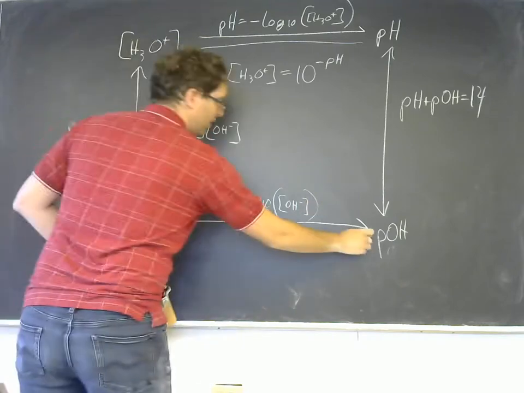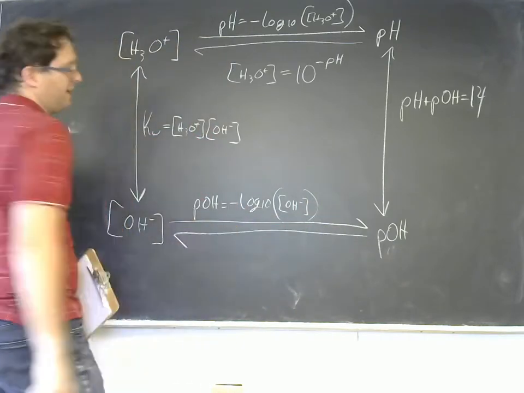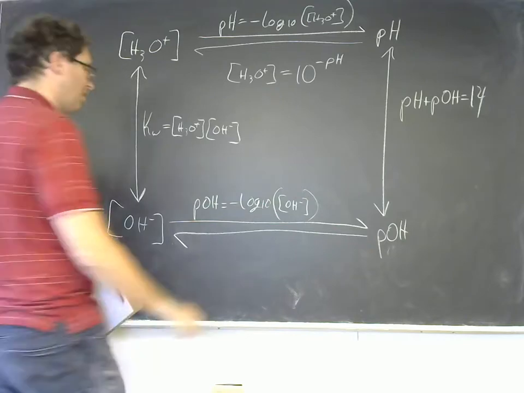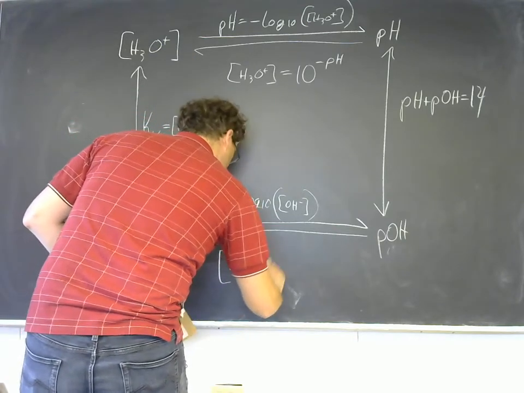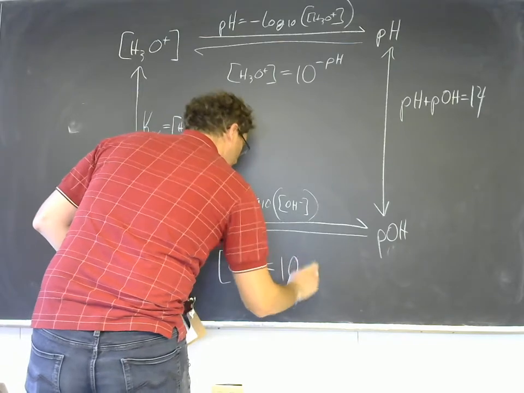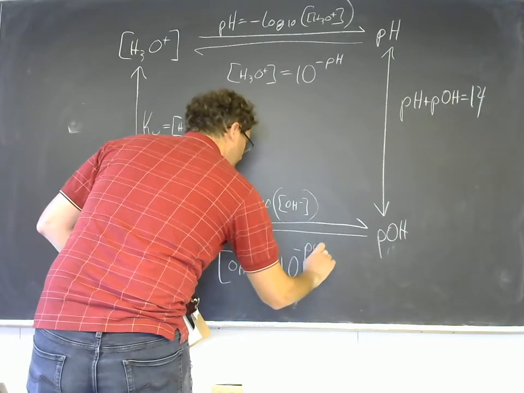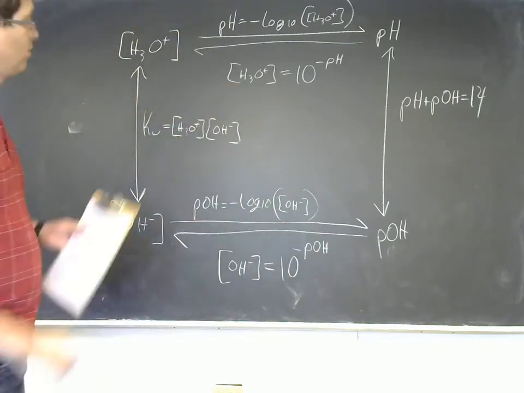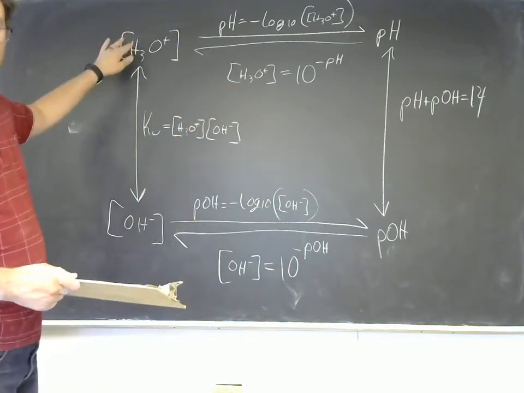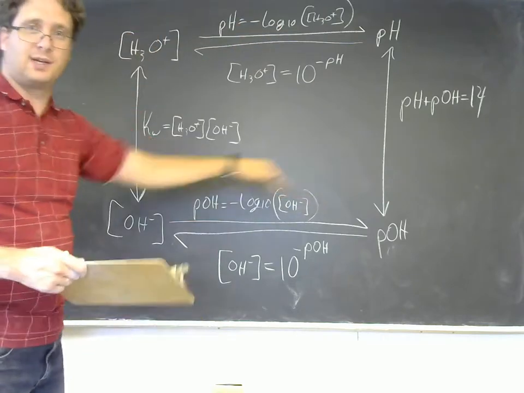We can similarly find the OH minus concentration from the pOH because OH minus is equal to 10 raised to the power of the negative pOH. So if you know any one of these corners, you now have the tools to calculate all of the other corners.